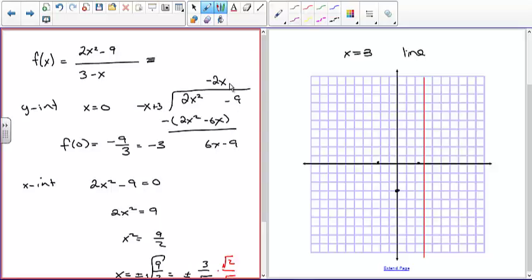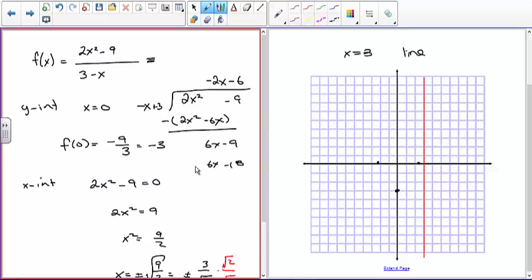And then to get to 6x, we multiply by negative 6. Negative 6 times negative x gives you positive 6x. Negative 6 times 3 is negative 18.